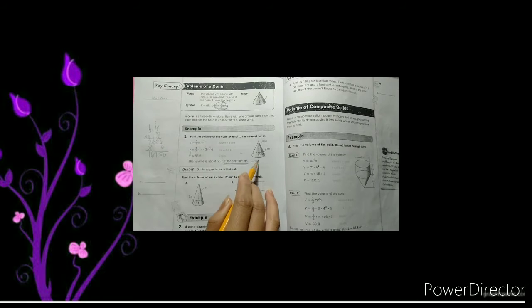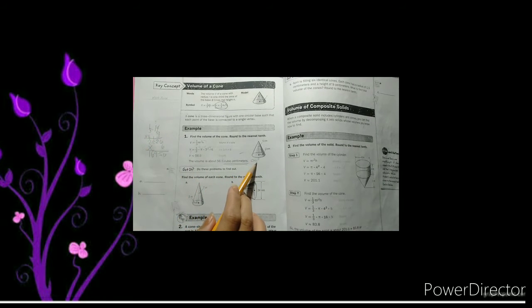Remember the unit of the volume: you should write cubic centimeter, or you could say cm then cube. But you will read this one as centimeter cubed, cubic centimeter.